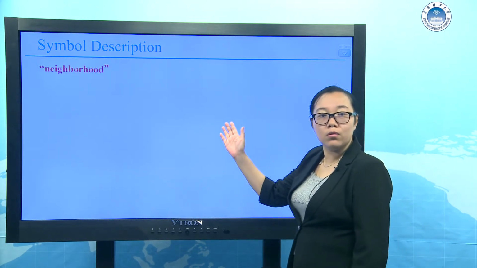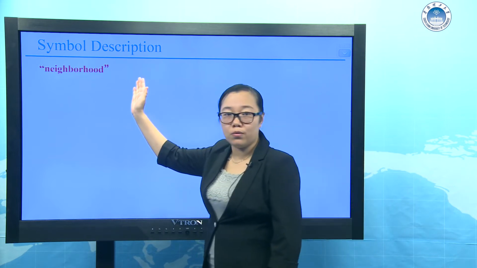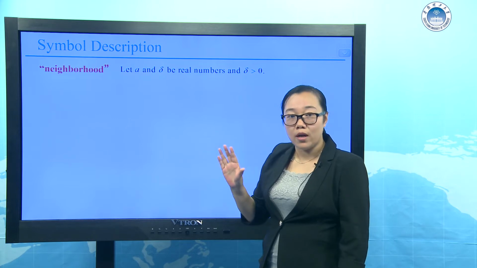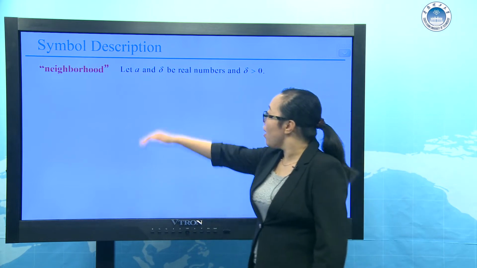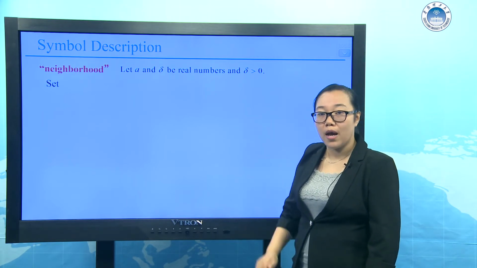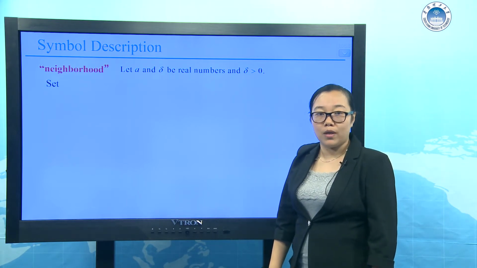Now look at this new definition, neighborhood. This means a neighborhood, some set of variables. Let a and delta be real numbers, and delta be any positive real number.